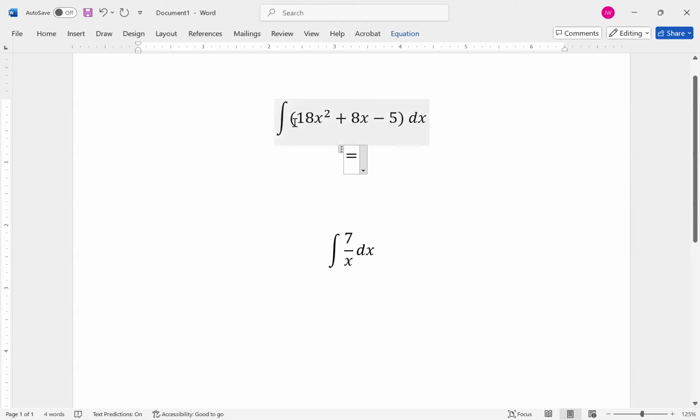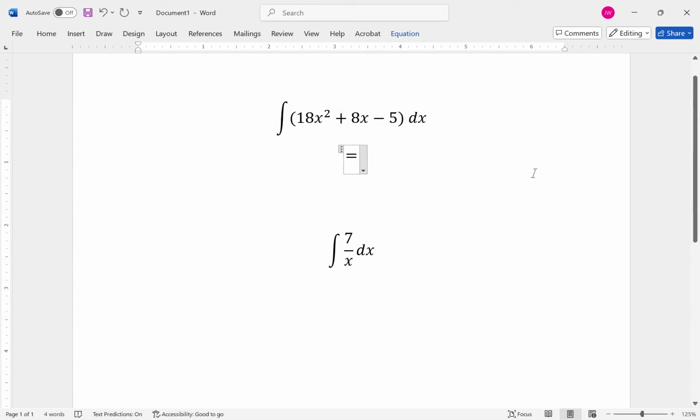So first couple of rules, since we have coefficients times a power of x, you can think of doing the integration of 18x squared, then the integration of 8x, then the integration of minus 5, and then I'll tack on a plus c at the very end.